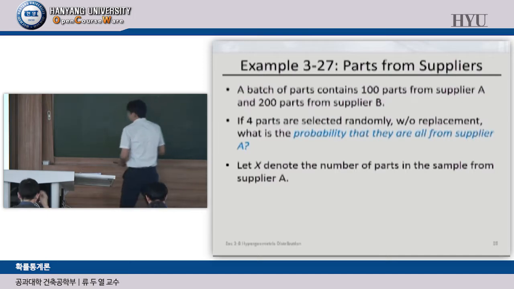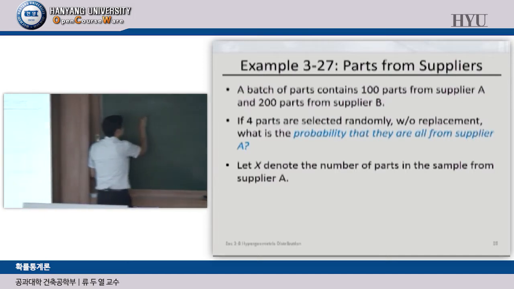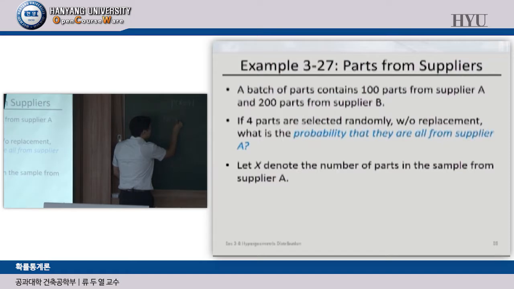So, in this case, what is large N? It is 300. And what is large K? That is 100, so N minus K will be 200. Small n is equal to 4, and small x is equal to 4.